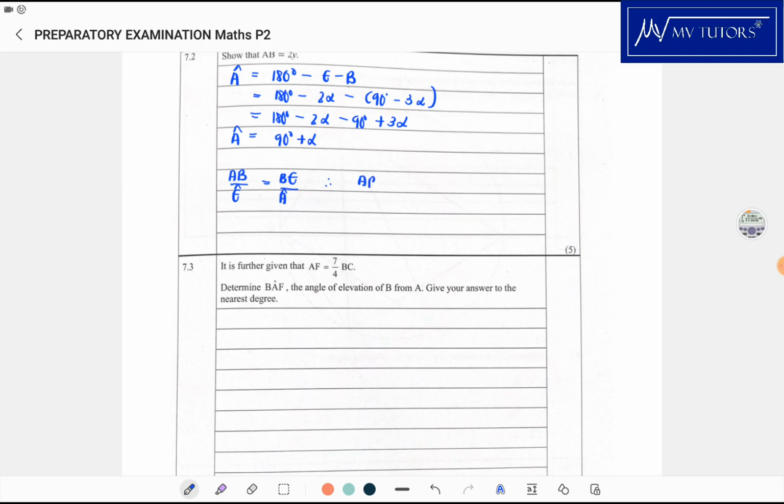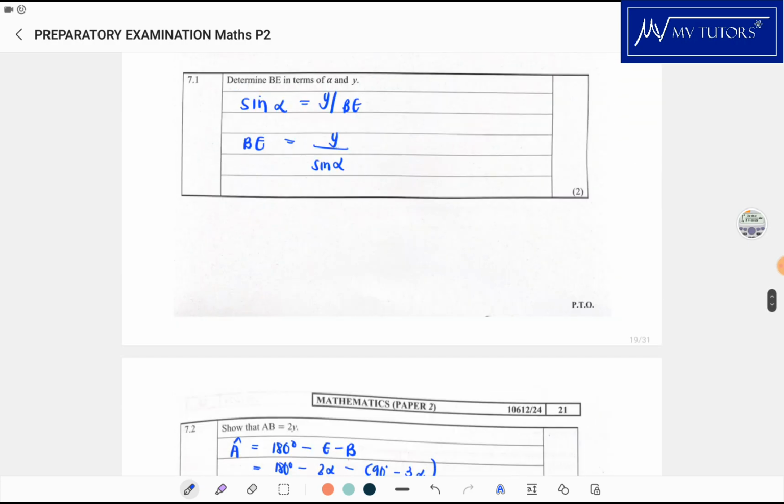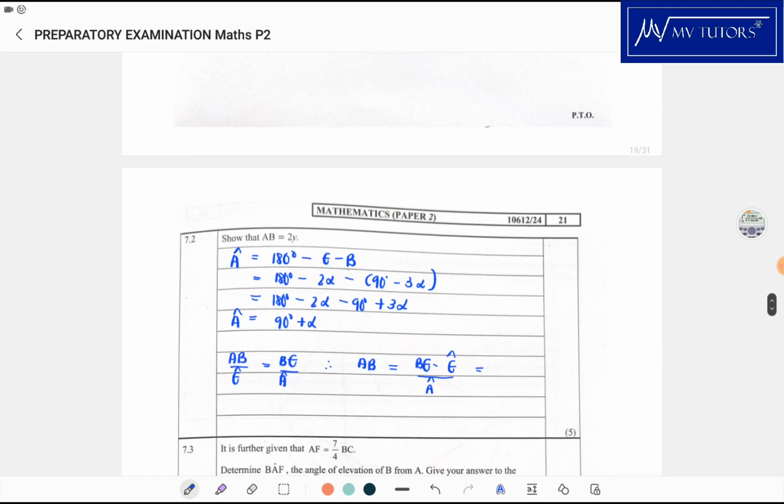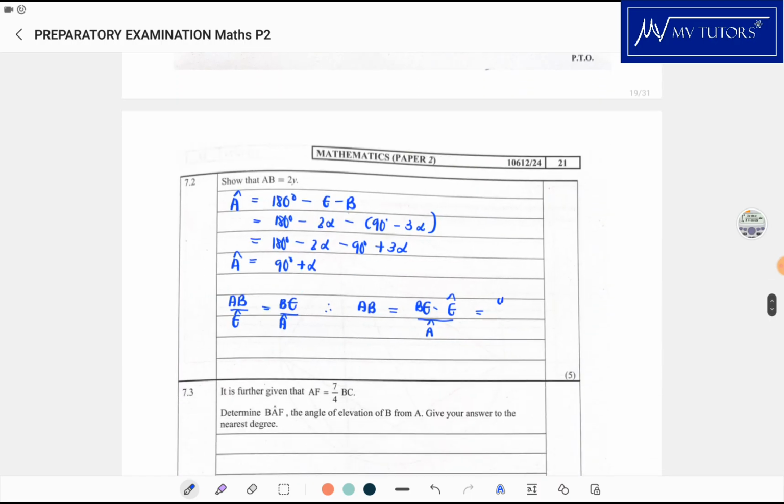Actually, let me take sine E to the other side. So we have BE times sine of angle E over sine of angle A. BE we solved: it's y over sine alpha. Angle E is 2 alpha. And angle A is 90 plus alpha.